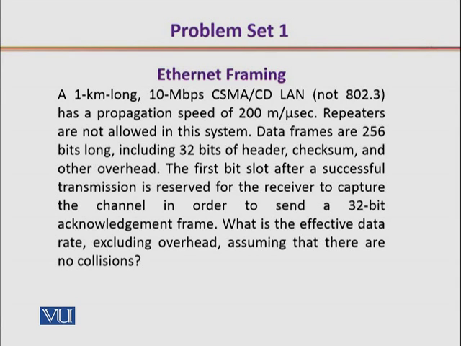If the data frames are 256 bits long with 32 bits of header, checksum and other overhead, and the first bit slot after a successful transmission is reserved for the receiver to send an acknowledgement of 32 bits minimum, you are required to give the effective data rate excluding the overhead, assuming that there are no collisions. It means you can consider two computers placed on the farthest ends of a kilometer long LAN.